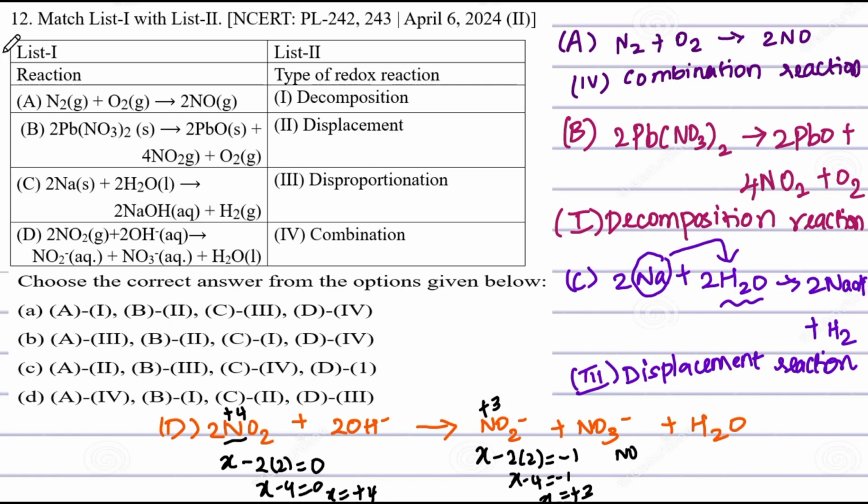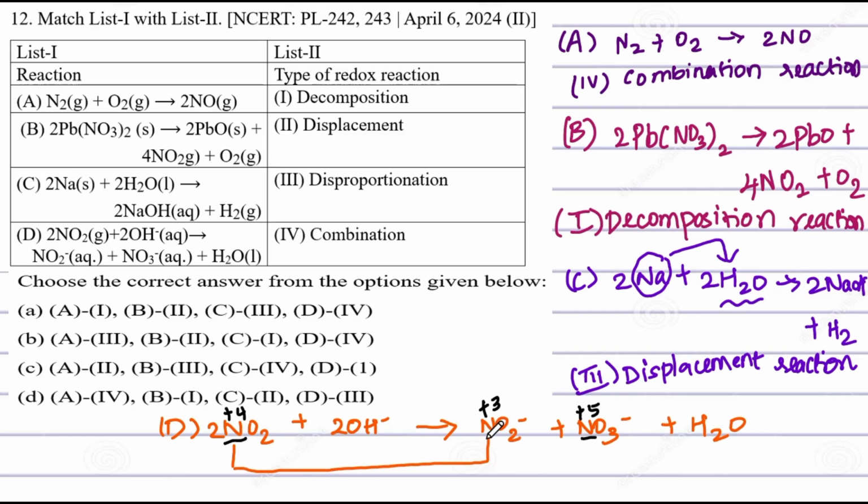Then NO3 minus, for unknown element it is X. X minus 2 into 3 is equal to -1. So X minus 6 equal to -1, X is equal to +5. Now if you compare the oxidation state of the reactant and the products, from +4 to +3 is a decrease in oxidation state, so it is reduction.